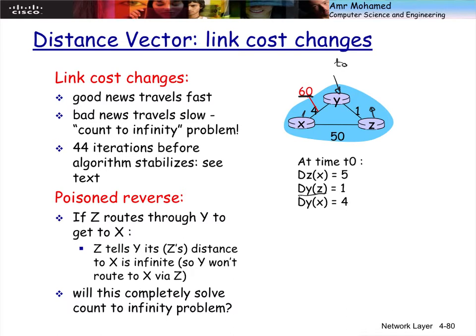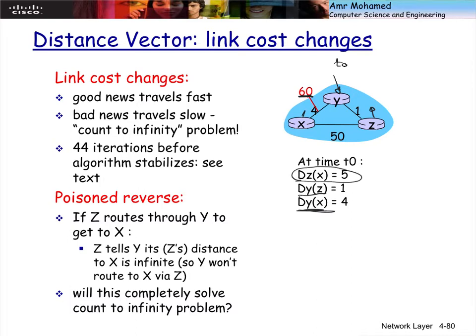So Y knows that the distance between Y and Z is 1. That's a no-brainer. Y knows that the distance between itself and X is also 4, and now it's becoming 60. But the distance is actually 4, or it was 4.